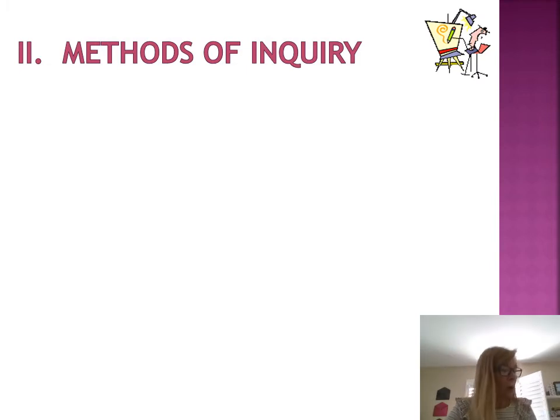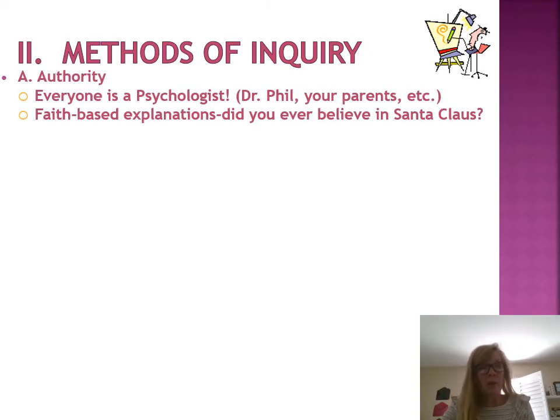Okay, so as I was telling you earlier, we have various methods of inquiry in psychology. The scientific method is only one and represents our best ability to reach consensus in establishing the truth. That doesn't mean it's the only way. There is another method called the method of authority. Now, with this method, you are relying upon someone who you see as being an expert in the field to establish for you the truth.